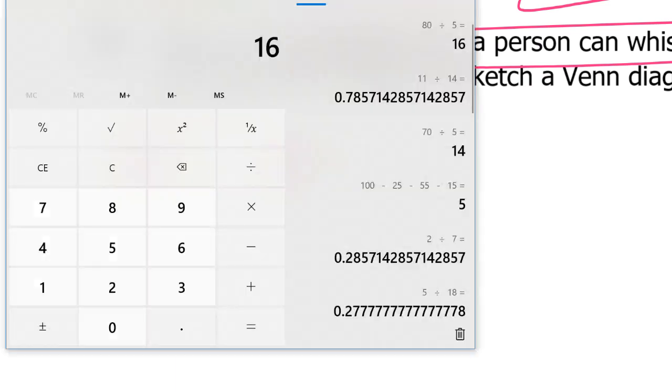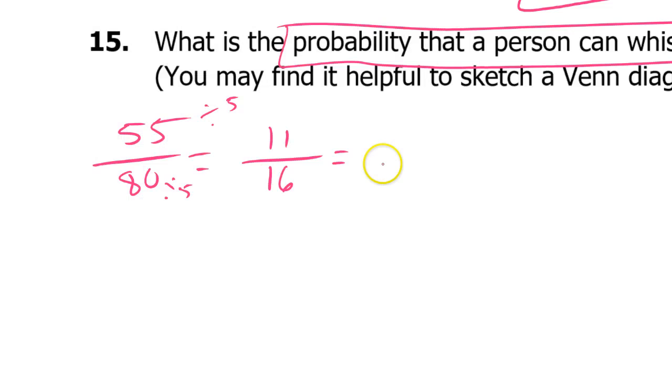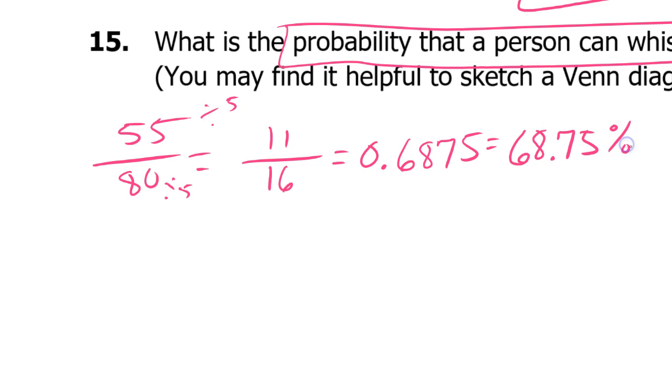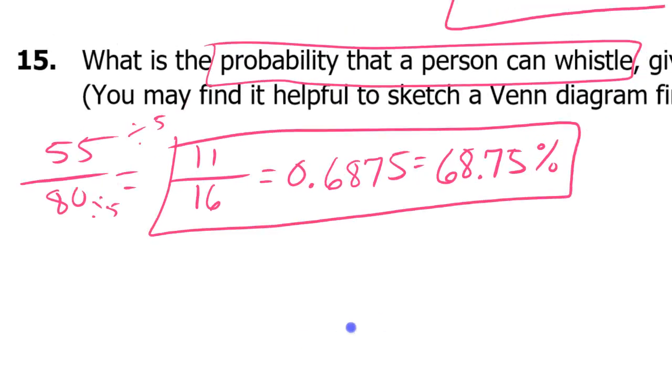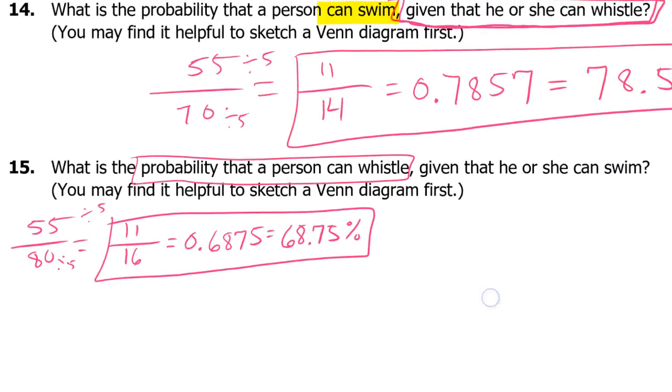Then 11/16 as a decimal is 0.6875, which is the same as 68.75%. So those are the three forms of the probability that a person can whistle given that he or she can swim.